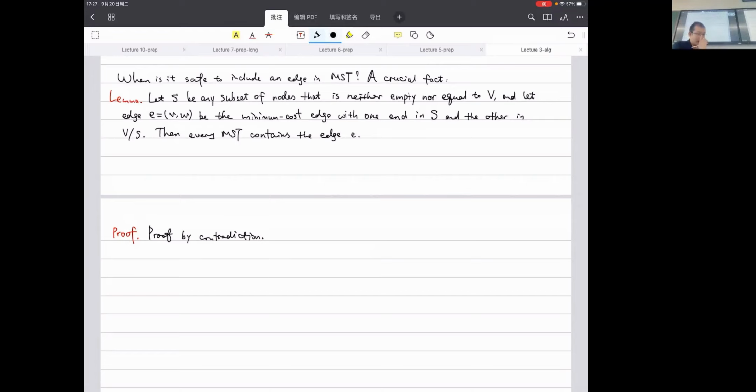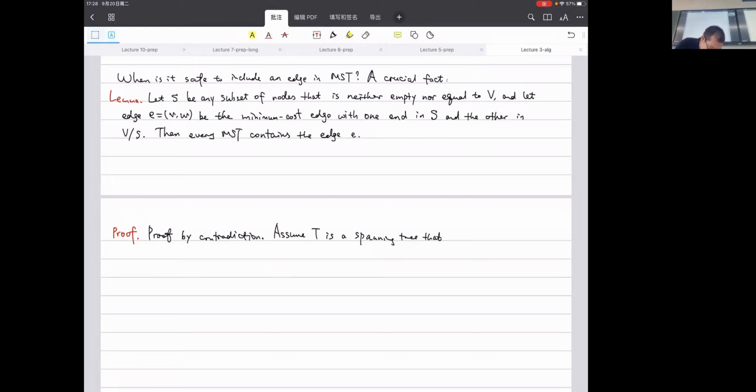If we consider the contrary, then assume T is a spanning tree. Oh, I think I should probably say T is a minimum spanning tree.